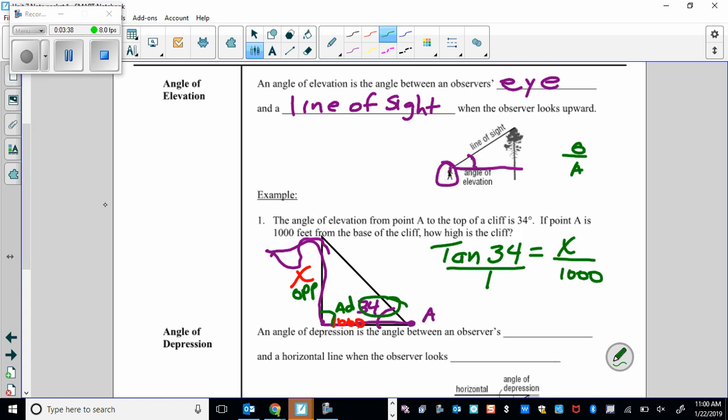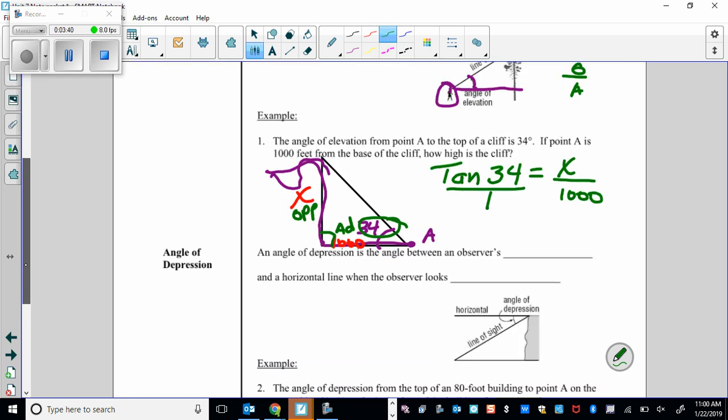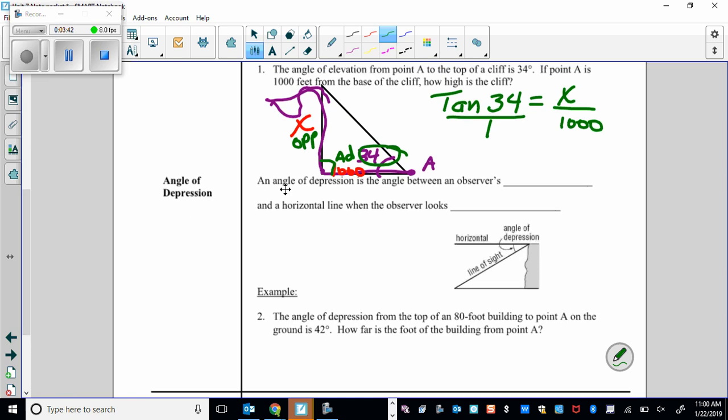The second one is, so I'm going to continue, the bell just rung. Angle of depression. An angle of depression is the angle between the observer's eye, right, when the observer is looking down.